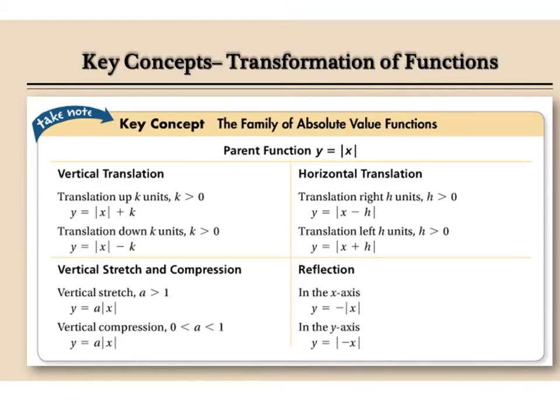Again, with the vertical stretch, you put a on the outside of the absolute value. Your vertical compression, which makes it thinner, must be a fraction, and you put it on the outside of the absolute value. To reflect over the x-axis, or up or down, we put the minus, or the opposite of whatever it is, outside the absolute value.